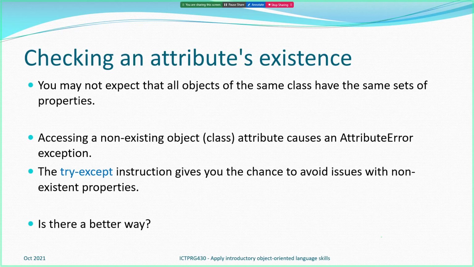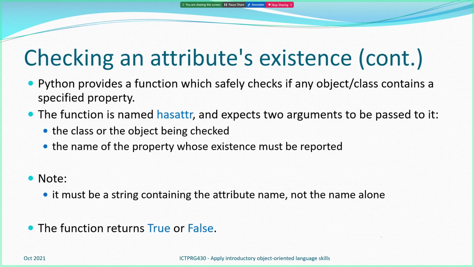Is there a better way? I'm glad you asked that, because Python provides a function called hasattr, which will return a true or false. So this is the way we check whether an object or a class contains a specific property, i.e. variable.